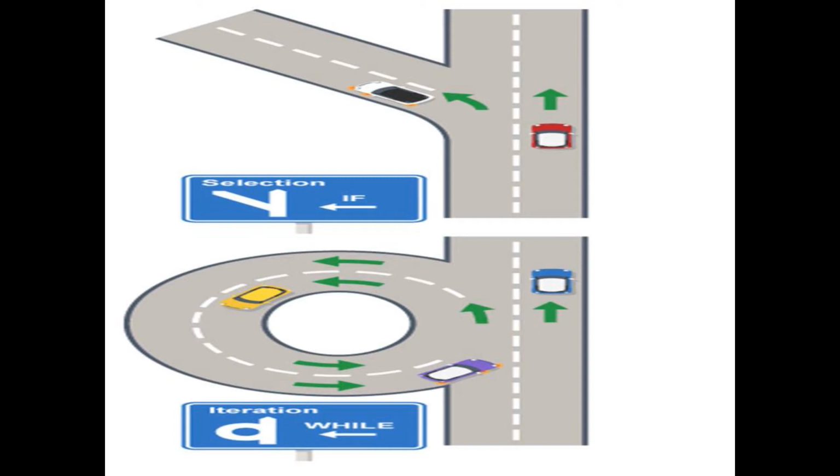Maybe we have taken an alternate route to reach our destination when we find the usual road by which we travel is blocked. This type of decision making is what we learn through conditional statements.